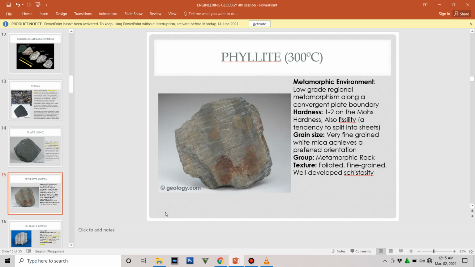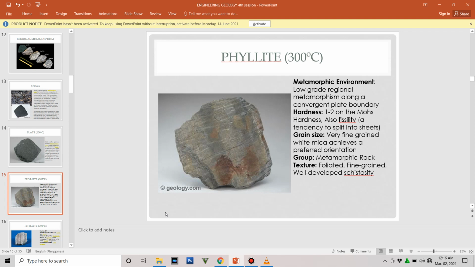And we have some properties here. It is 1 to 2 on the Mohs hardness scale, a measure of hardness. And it is fissile. Okay, just like shale, it is fissile.